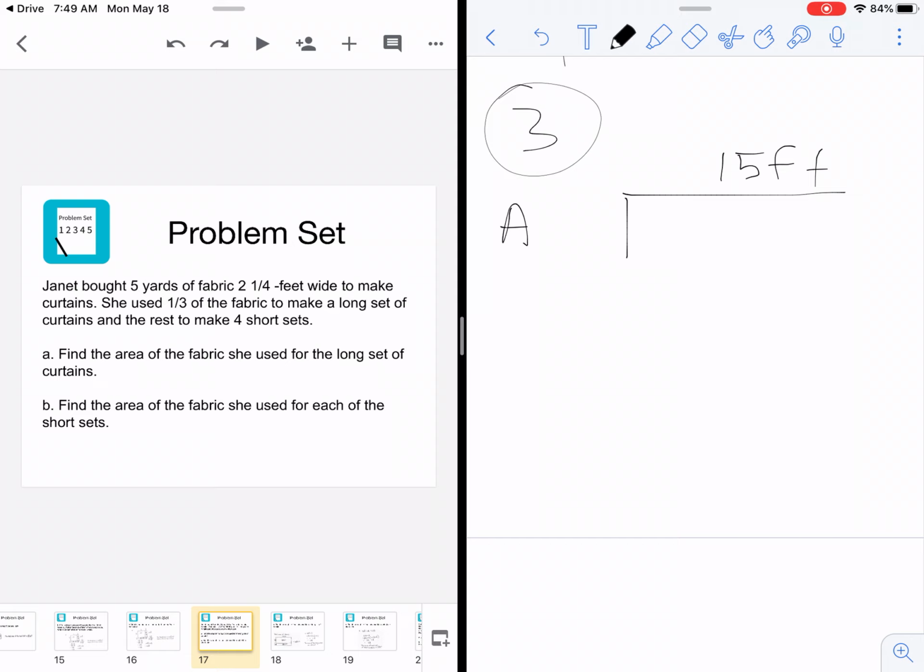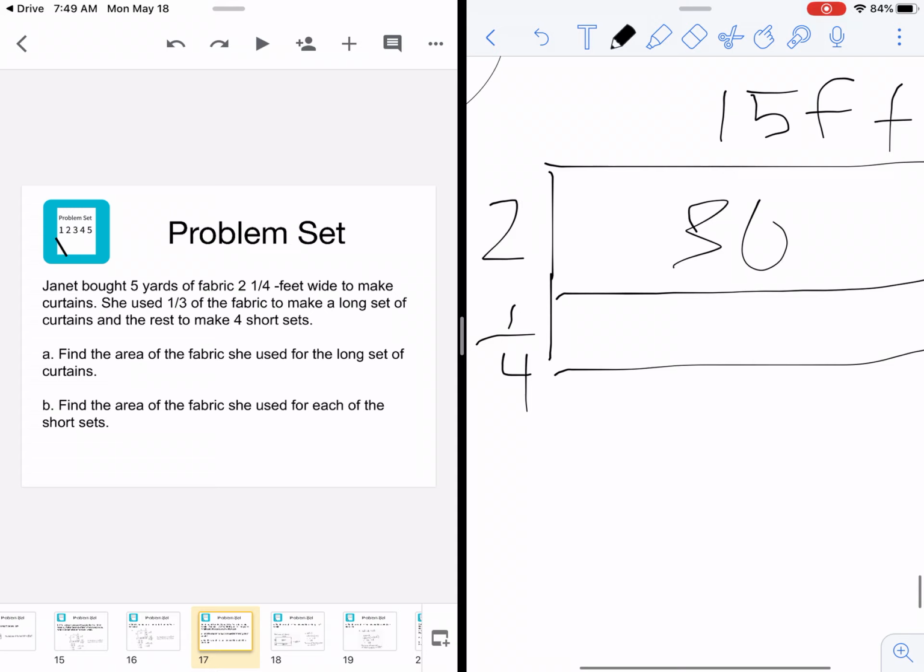By 2 1/4. Okay, so 2 times 15, 30. And then 15 times 1/4 is 15/4, which is 3 3/4.